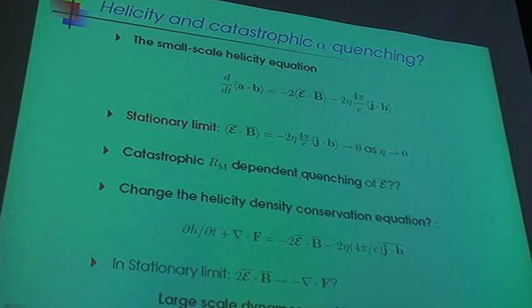And so how do you get rid of such small scale helicity? Mathematically, what you would like to do is to change this equation into an equation with some extra term here. If I think of getting rid of helicity, I'm thinking of taking some linkages, knots or twists and taking it out of the system totally. So I need some kind of a flux of this.